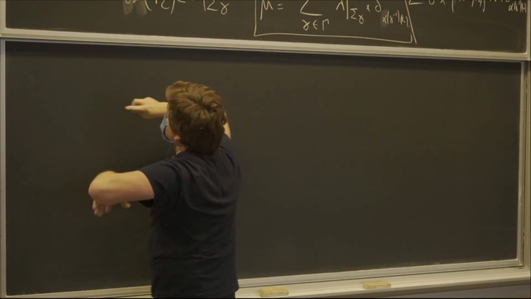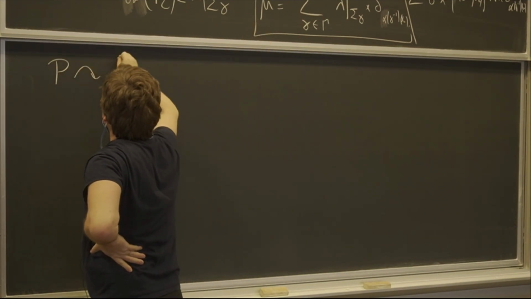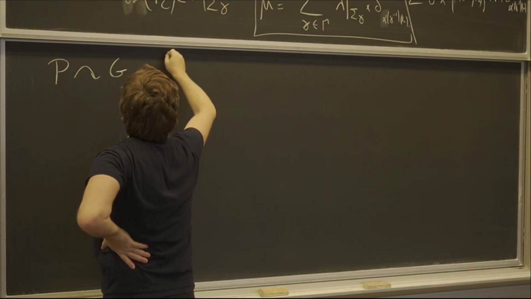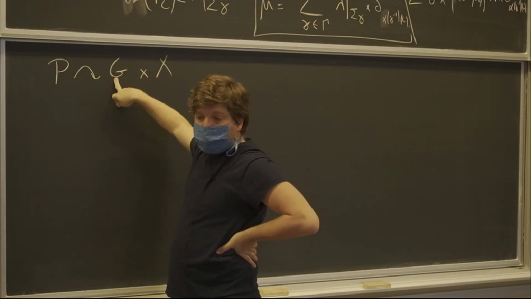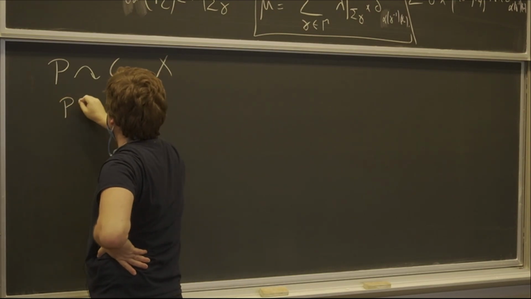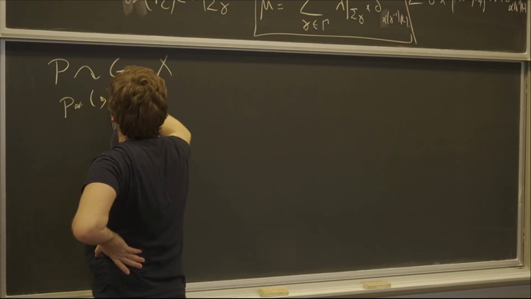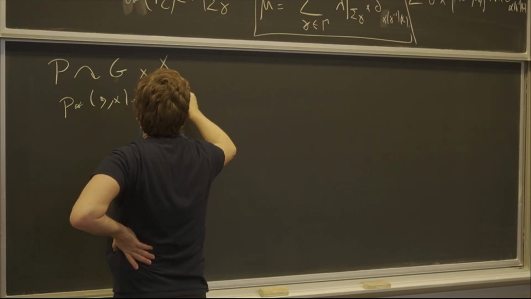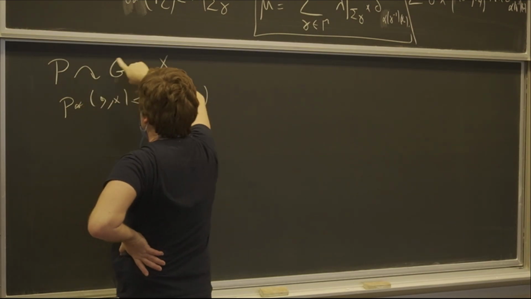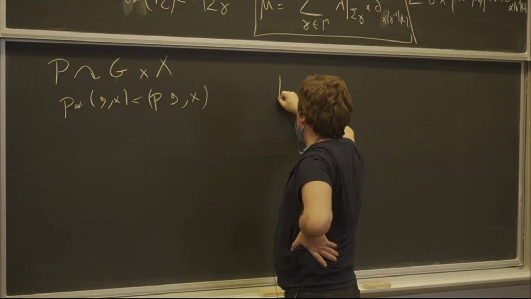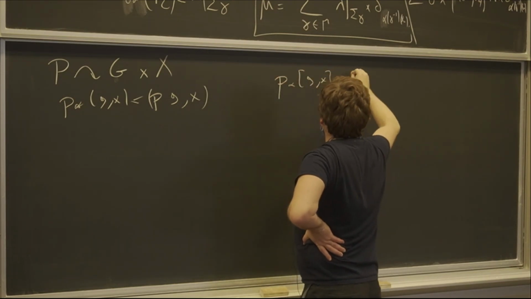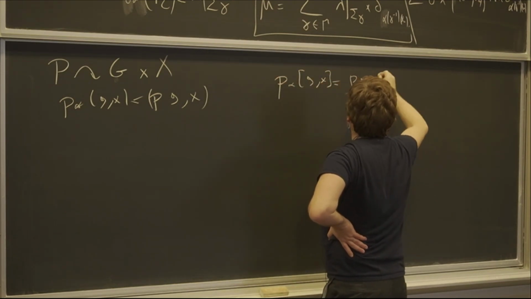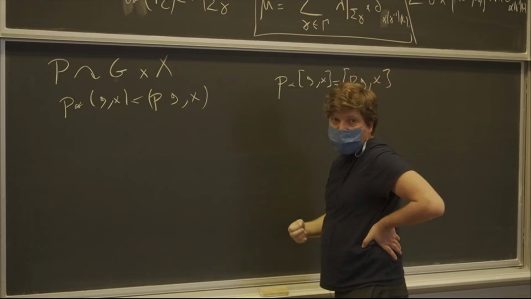I have P acting in G times X by this left multiplication here. So P star Gx is P Gx, which this action is actually the one that projects to P star Gx equals to this guy.